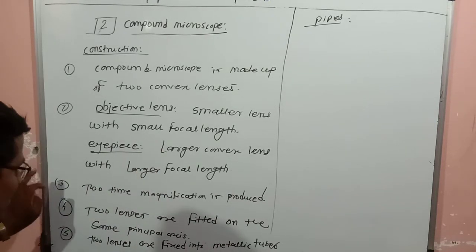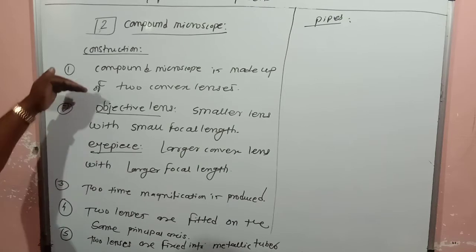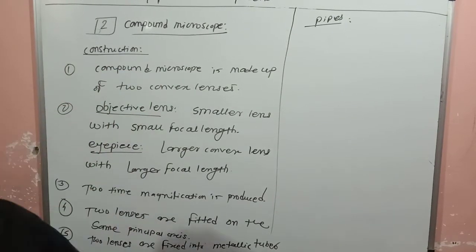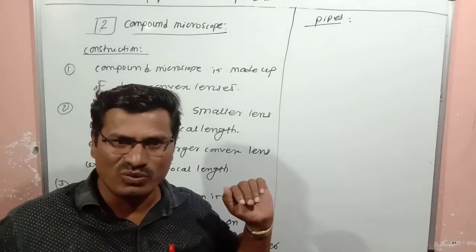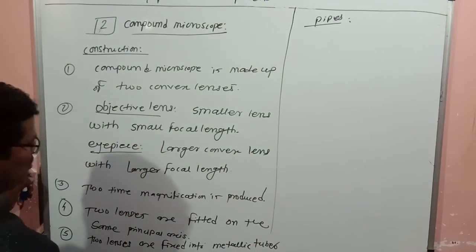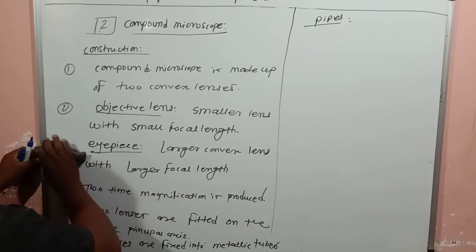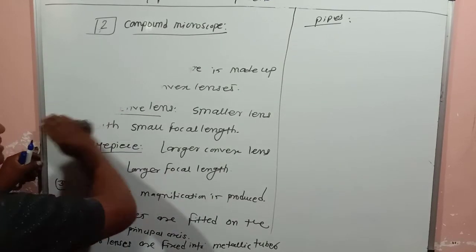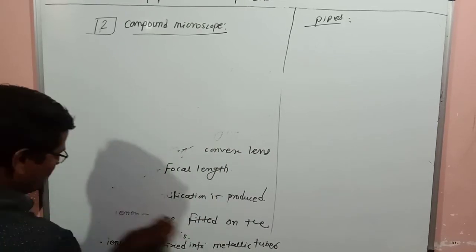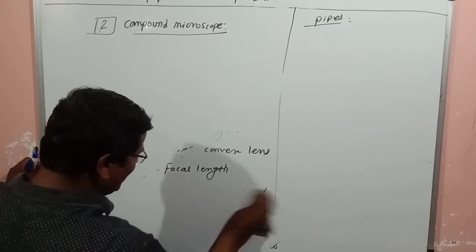These points you have to write first in the construction. Now I am going to rub this out and draw the diagram, and then I will give the working and uses, how it works.